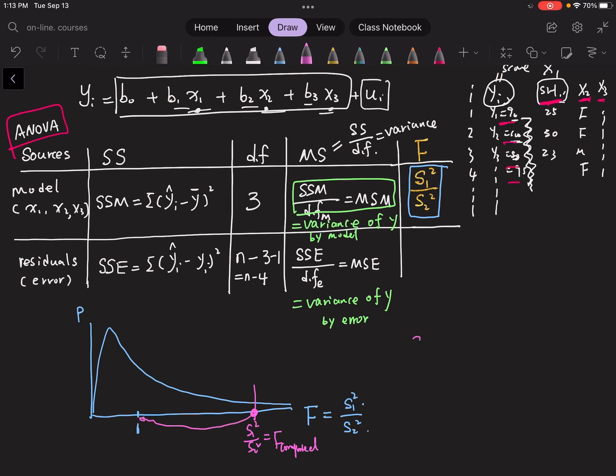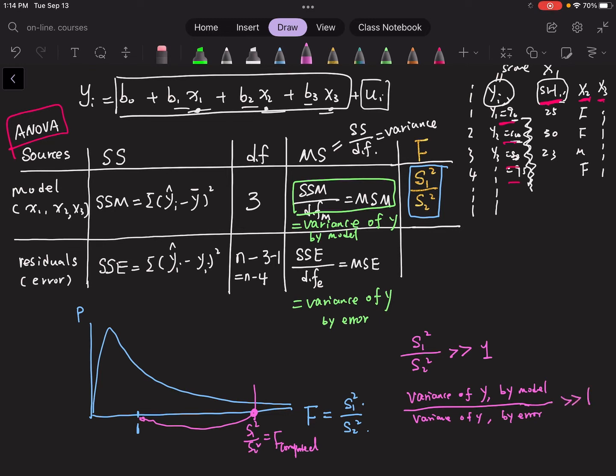If S1 squared over S2 squared is statistically significantly greater than 1, we can conclude that the variance of y explained by the model divided by the variance of y explained by error is statistically significantly greater than 1.